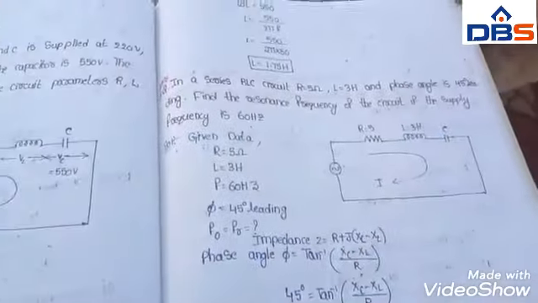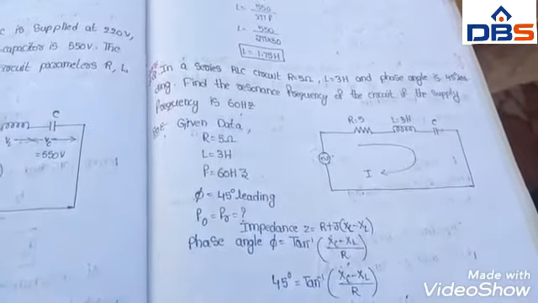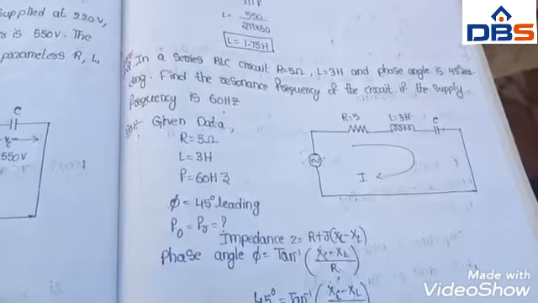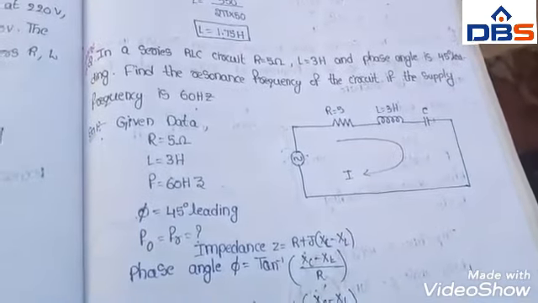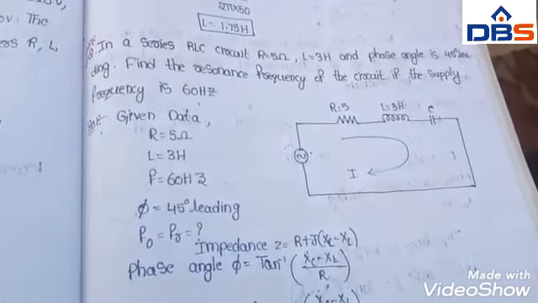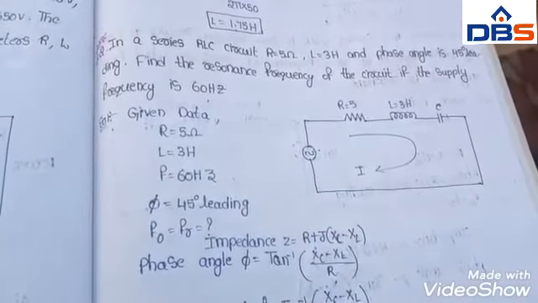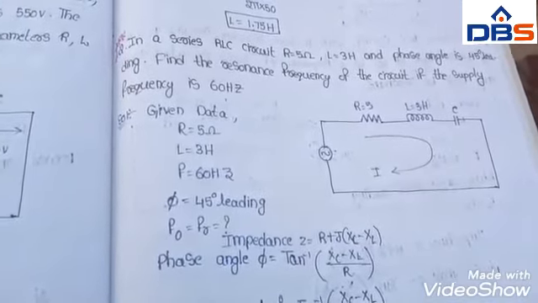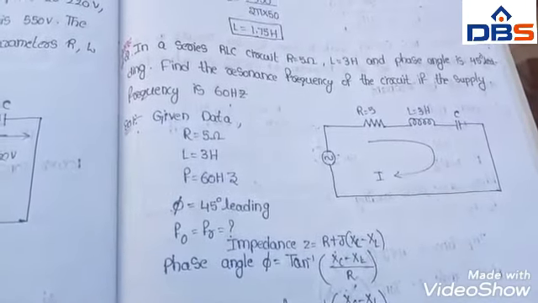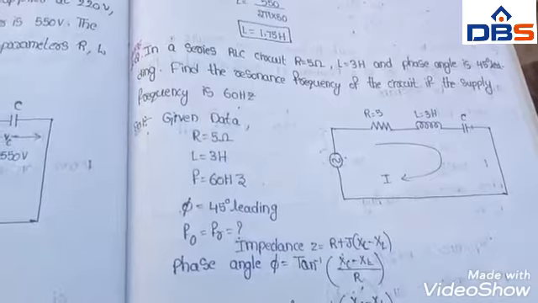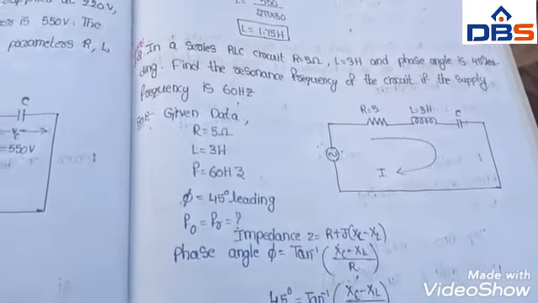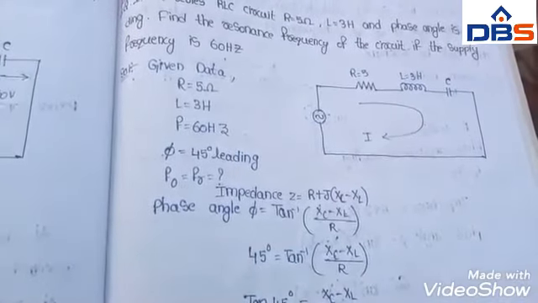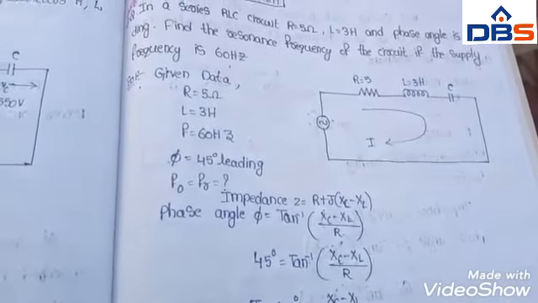In a series RLC circuit, R is equal to 5 ohms, L equal to 3 H, and the phase angle is 45 degrees leading. Now find the resonant frequency of the circuit, the supply frequency being 60 Hz. The given data is the resistor value, inductor value and phase angle, and we need to find the resonant frequency. We know that impedance Z is equal to R plus j(XL minus XC).